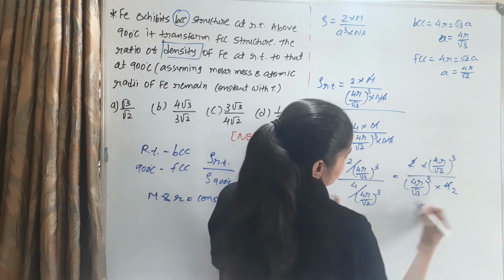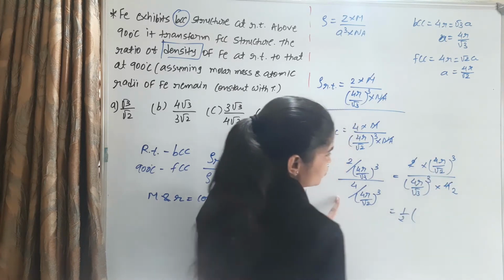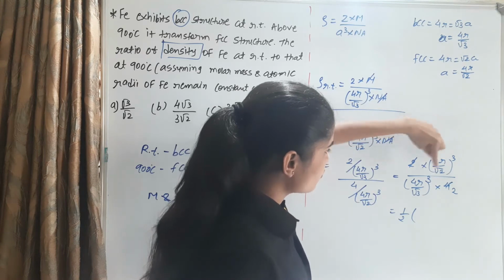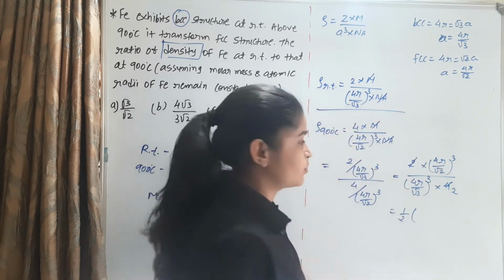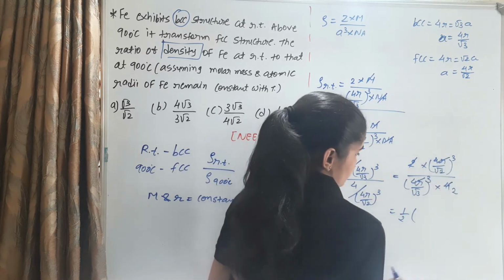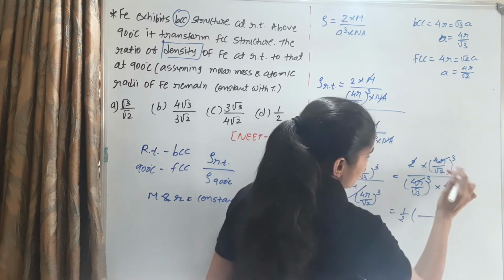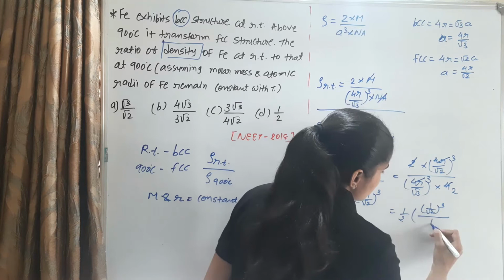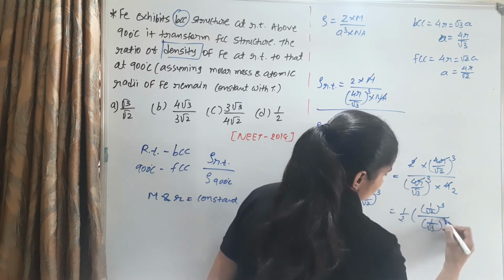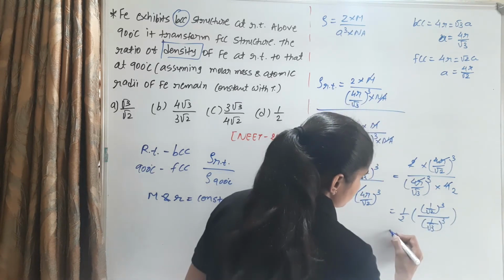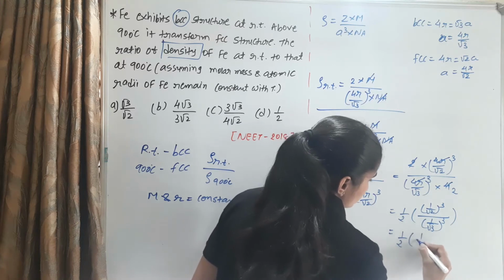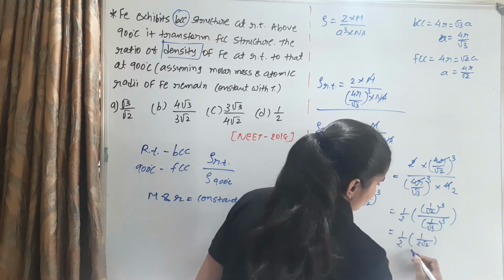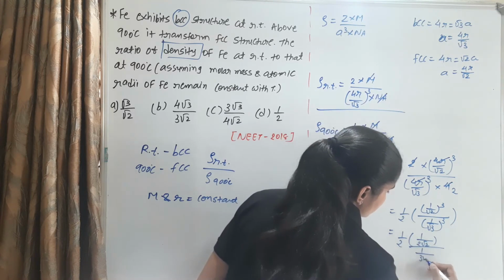This 2 cancels out, so 1 by 2. Then 4r cube and 4r cube cancel out. So above we have 1 by root 2 cube and below 1 by root 3 cube. On simplification, this is 1 by 2 root 2 divided by 1 by 3 root 3.